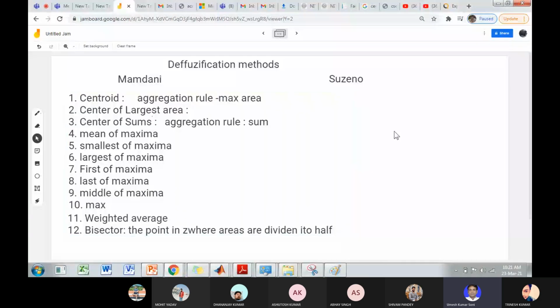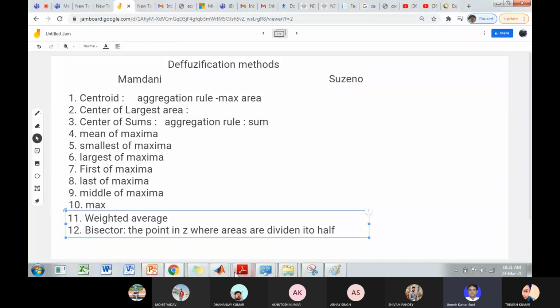So the bisector method of defuzzification is the point in Z where the overall area is divided into half.